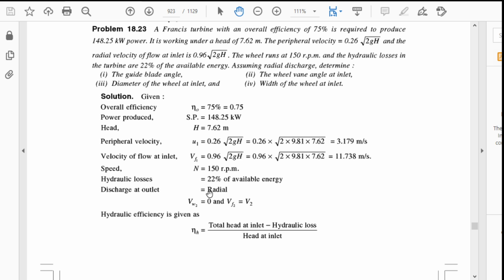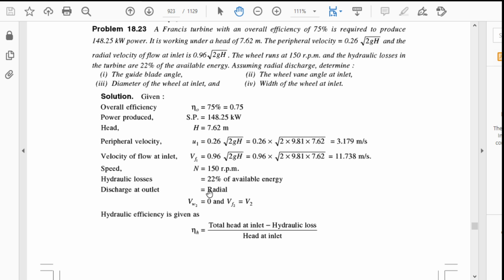If this is not given, then by default you have to take the radial discharge, because Francis turbine has radial discharge at the outlet. Because of that radial discharge, VW2 will be 0 and VW2 will become VF2.